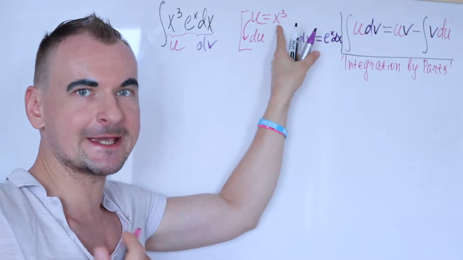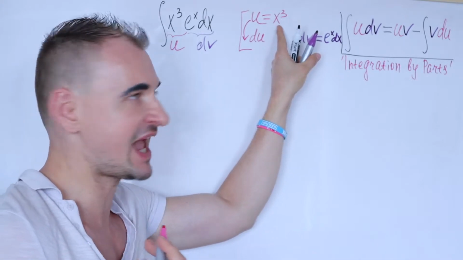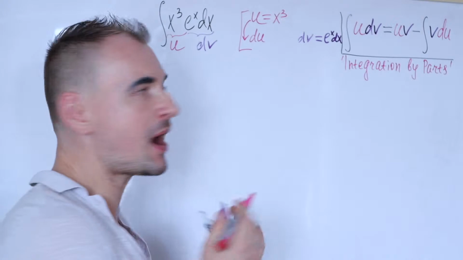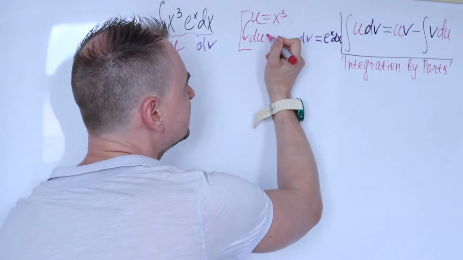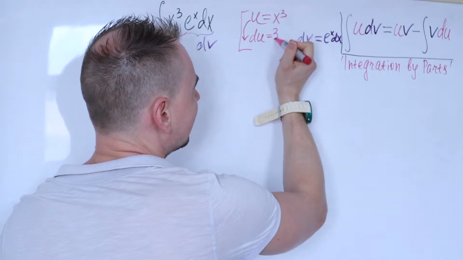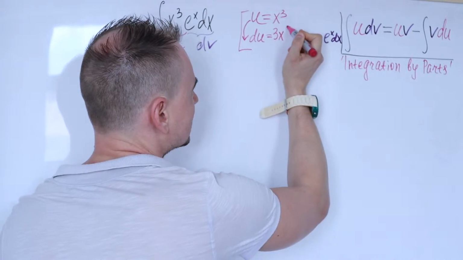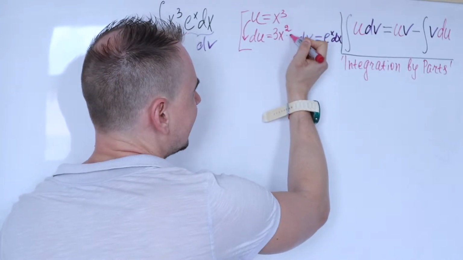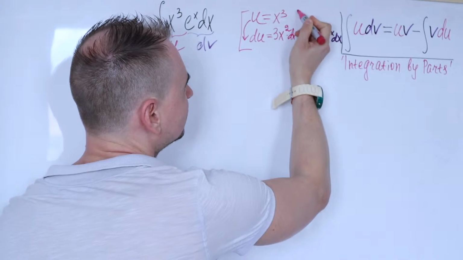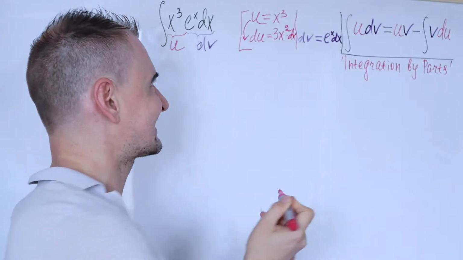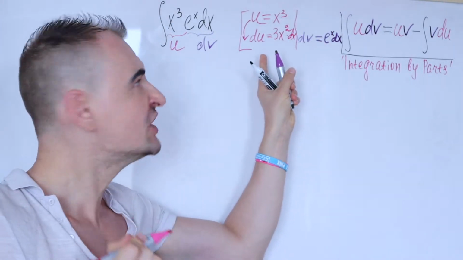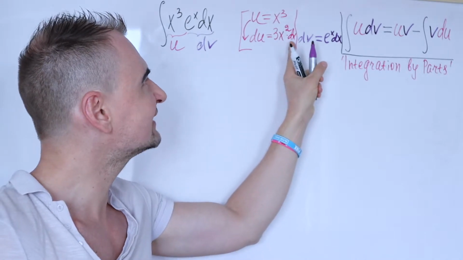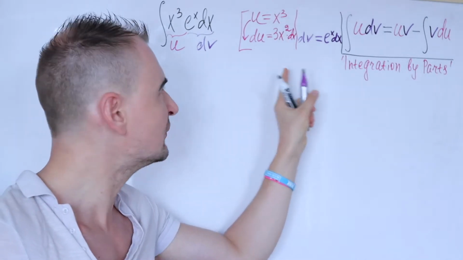So differentiate x cubed with respect to x. Since this is a power, the derivative of x cubed is just 3x squared. And at this point, you have to attach dx, since this is a differential. So 3x squared dx. This is your du.